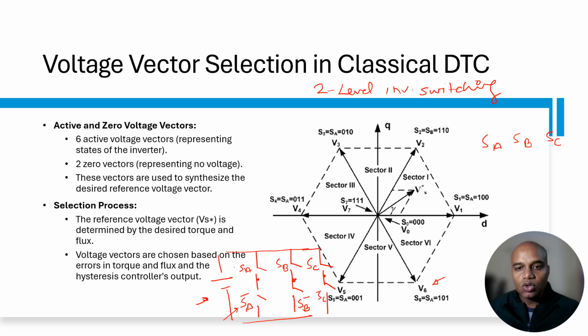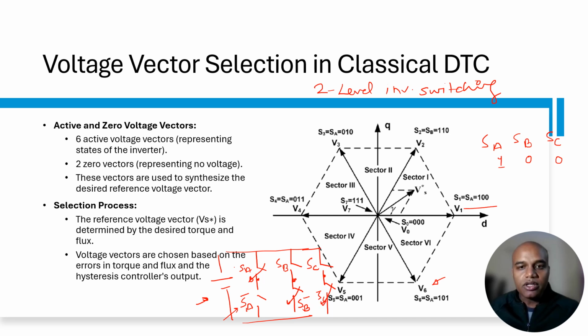The first vector shown here, 1 0 0, shows that SA will be 1, so this switch will be closed. SB is 0, so SB dash will be closed, and SC is 0, so SC dash will be closed. So these three switches will be in action.